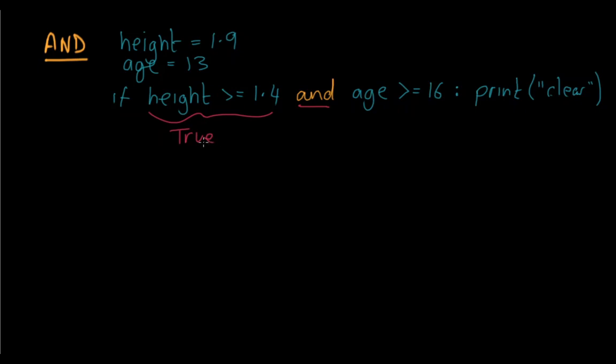I can abstract true to a 1. Now I truly believe that age is greater than or equal to 16. Python, tell me if I'm right or wrong. And Python says, no, you're wrong. Your age is 13, so that evaluates to false, which abstracts to 0.